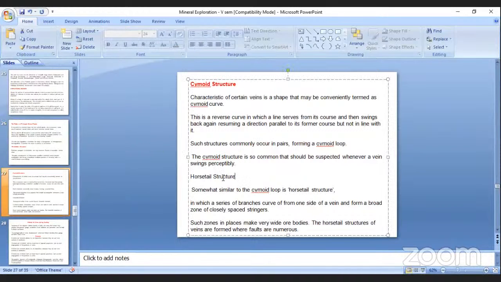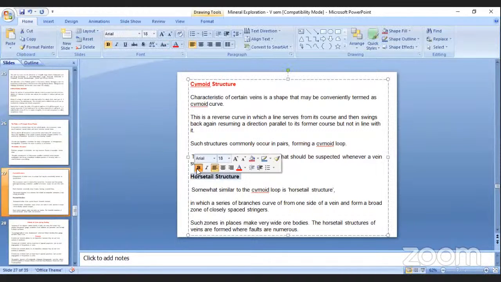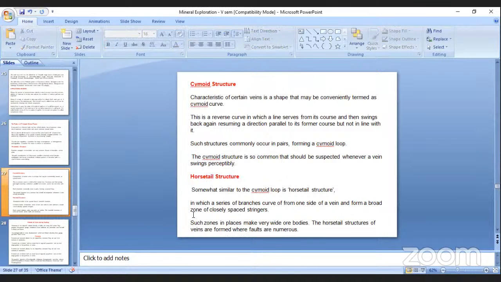And the next one is the horse tail structure. The horse tail structure has almost the same properties as the sigmoid loop. It forms a horse tail structure with a group or series of branches, curving from one side to another in a vein.